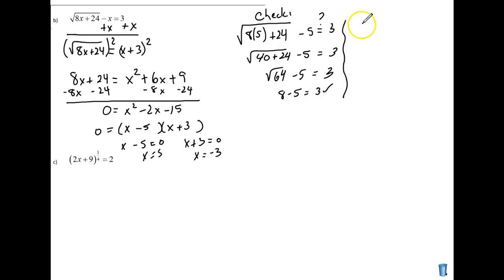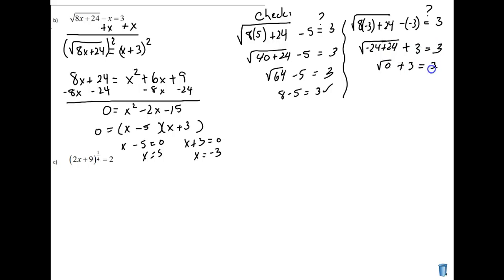Similarly, the square root of 8 times negative 3 plus 24, minus a negative 3. Does that equal 3? Well, this becomes the square root of negative 24 plus 24. Interesting. Plus 3 equals 3. So the square root of 0 plus 3 equals 3, and that checks off. So both of those are the solutions.